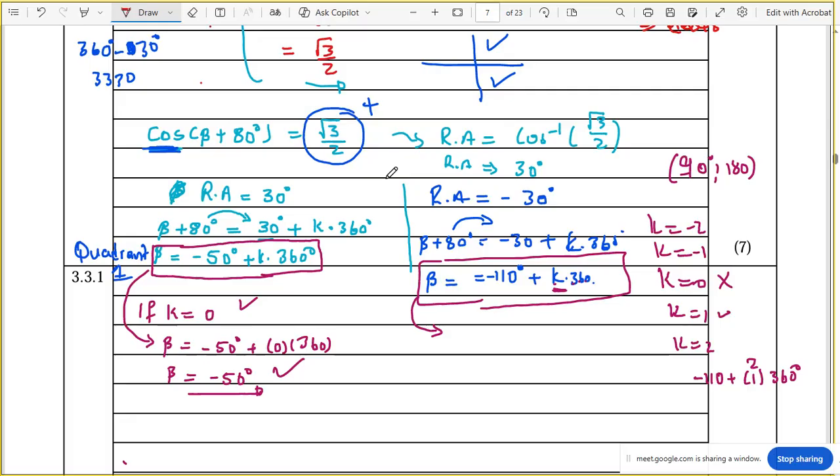So we have to use the opposite sign of the reference angle. Is that how it's supposed to be every time our answer is not going to be in the given interval? Exactly. That's what you need to do. If you check in most of the previous memos, they will say that your reference angle is plus or minus 30.